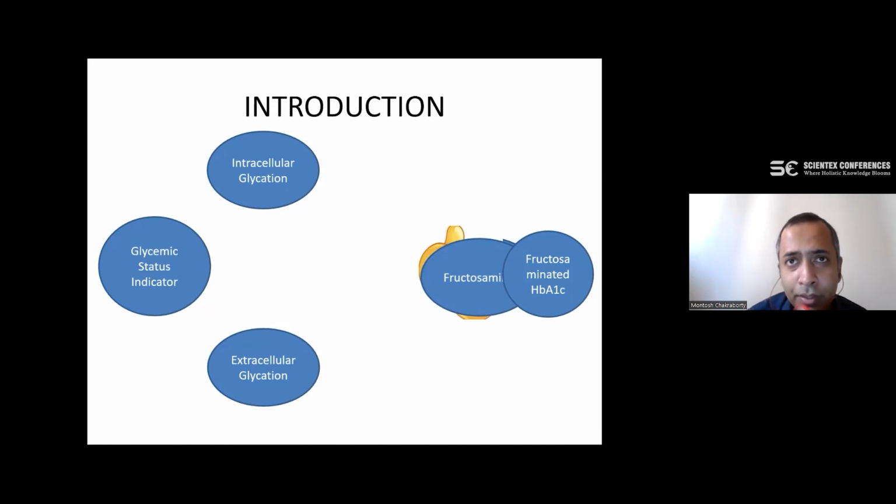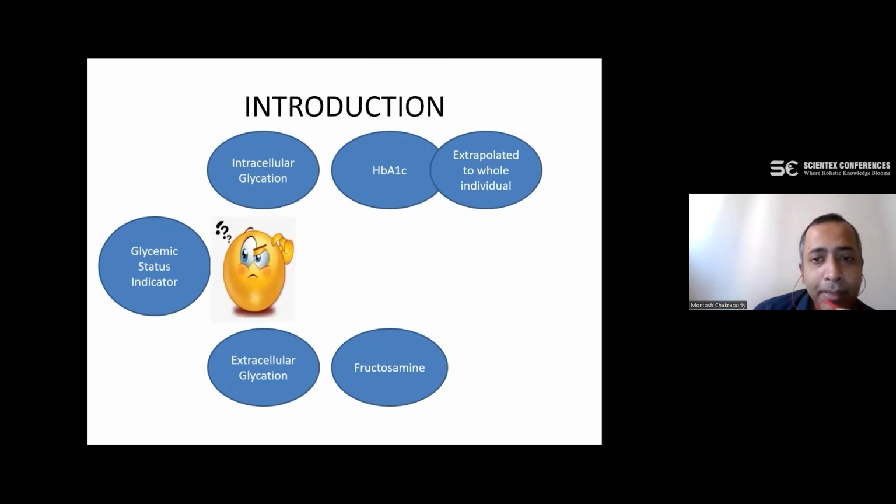Now, what are the glycemic status indicators we have at present? It is HbA1c, that is glycated hemoglobin, which is perhaps the most popular glycemic status indicator we follow. HbA1c is basically the glycation which occurs in hemoglobin, which is present within the RBCs, and we extrapolate it to the whole section of proteins in the individual.